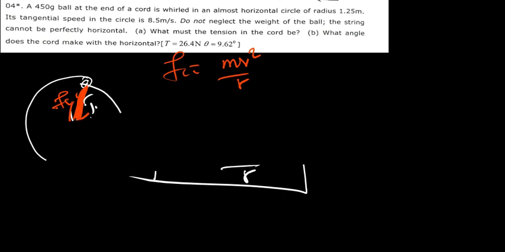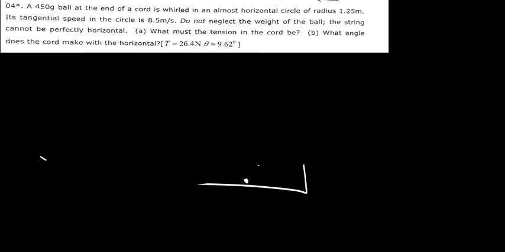Now, in a case where you are spinning this object at a very low speed, what is going to happen? This is an object. It will come like this, and then the circle will come here.